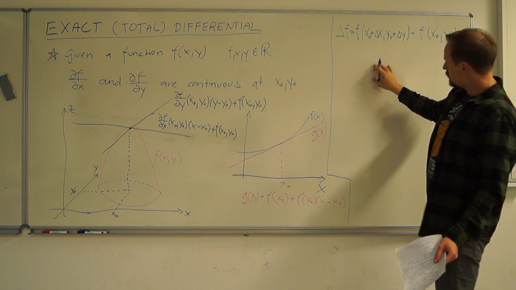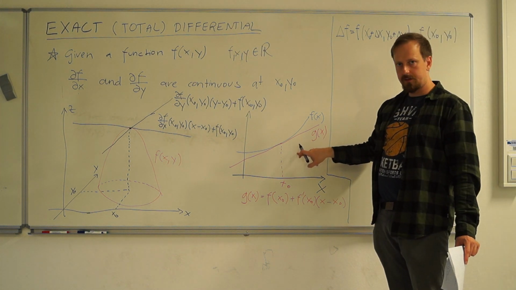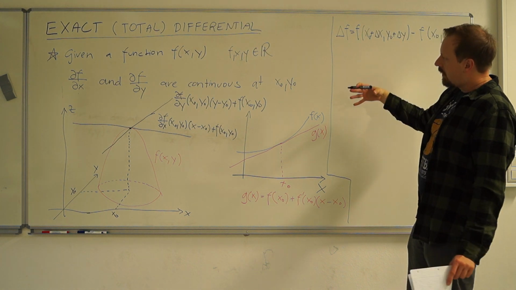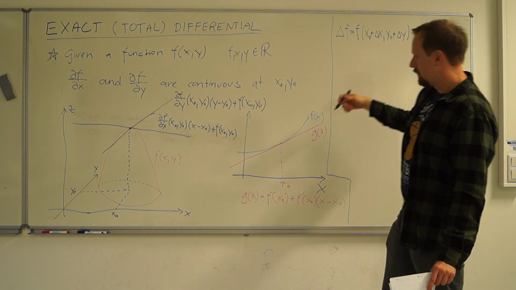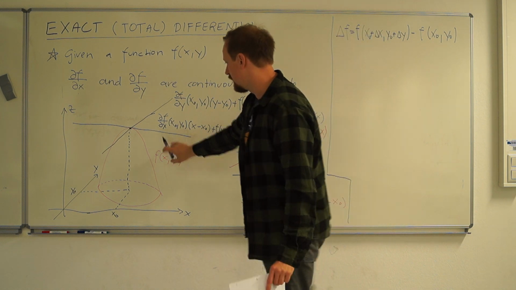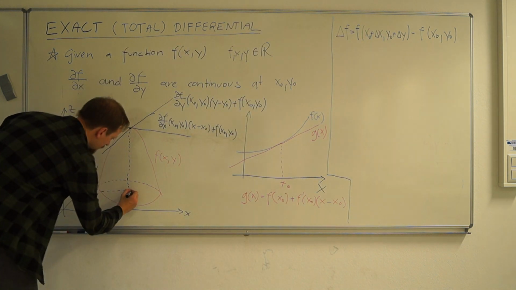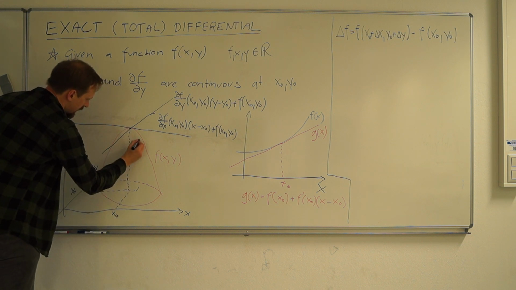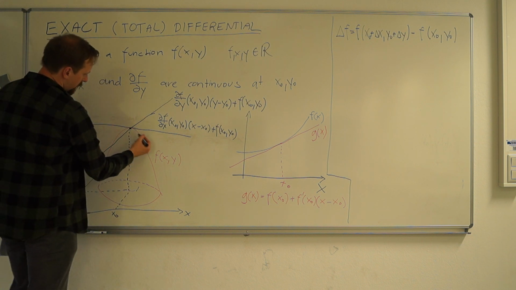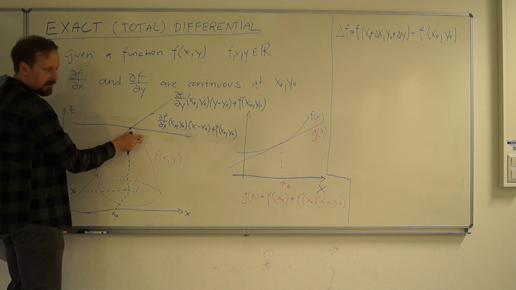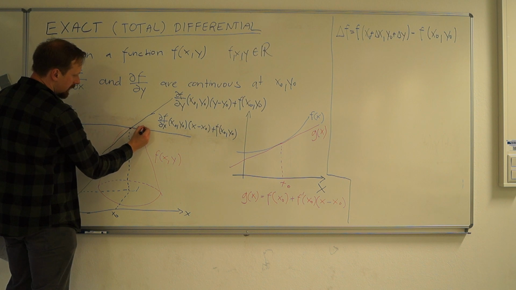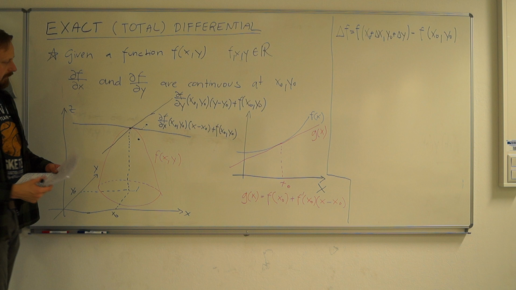As you already saw in the one-dimensional case, this delta f is almost equal to changes in the tangent plane. If I move some distance delta x, some distance delta y, then I end at this point here. But the difference between the two functional values can also be approximated by moving in the tangent plane and calculating the difference there.